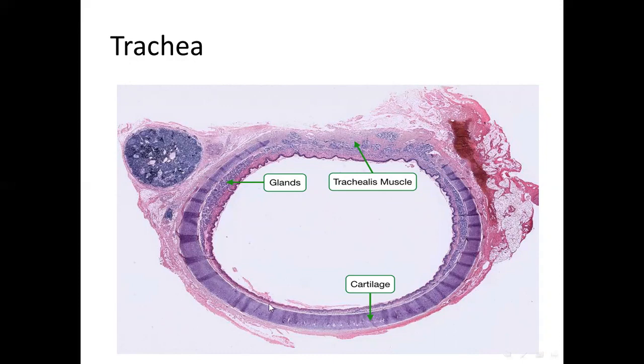Of the cartilage, hyaline cartilage. تمام. زين. هذه الهايلين cartilage بما انه هي C shaped.